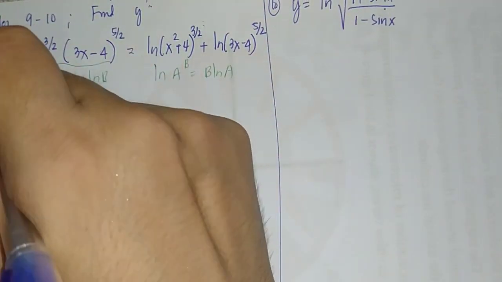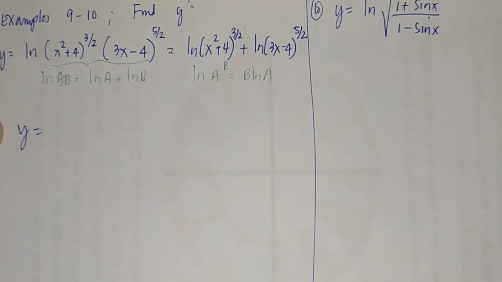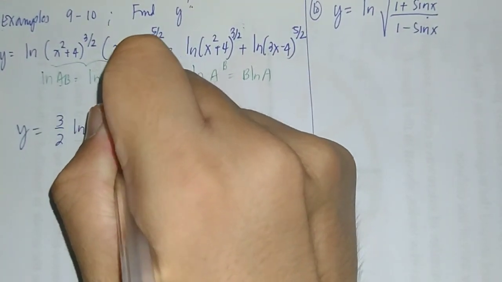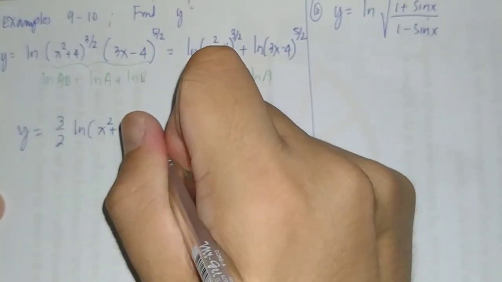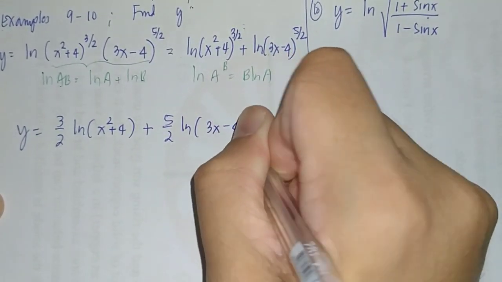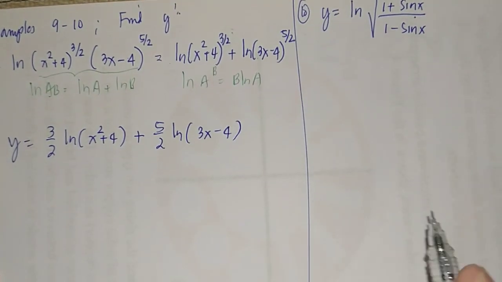So your y here, I'm just simplifying the given. I'm not yet differentiating. So that is 3 halves ln of x squared plus 4 plus 5 halves ln of 3x minus 4. So, pwede na akong mag-differentiate.